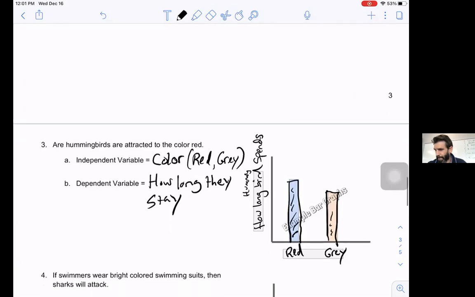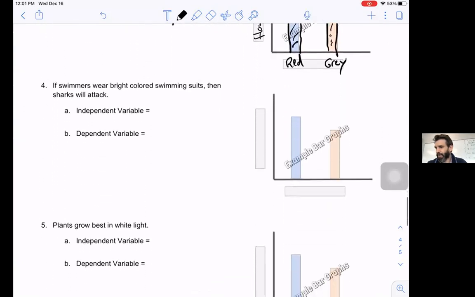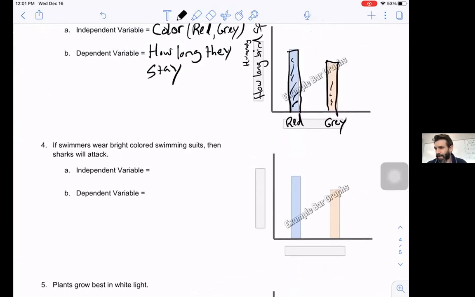Here's another example. If swimmers wear bright colored swimming suits, then sharks will attack. So the independent variable, the thing that you can change, is the color of the swimming suit.